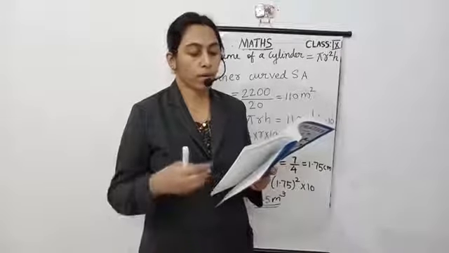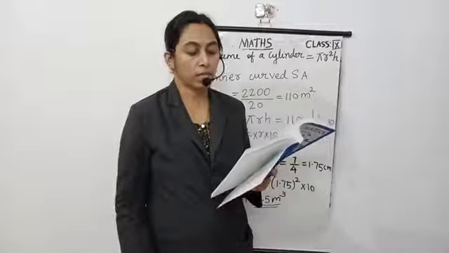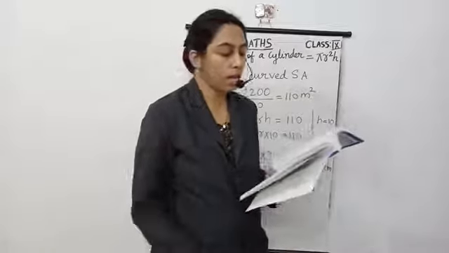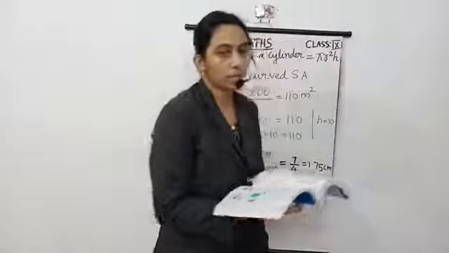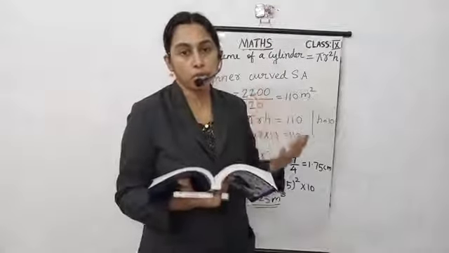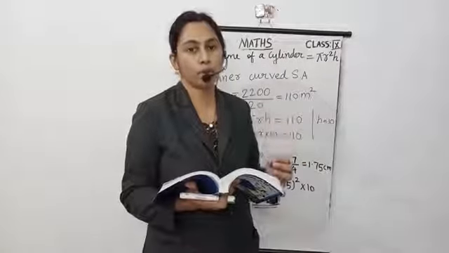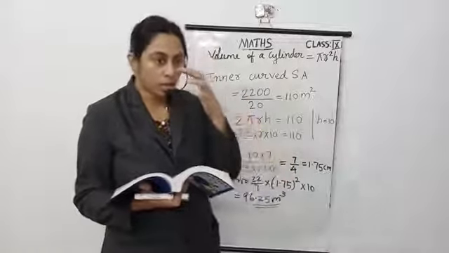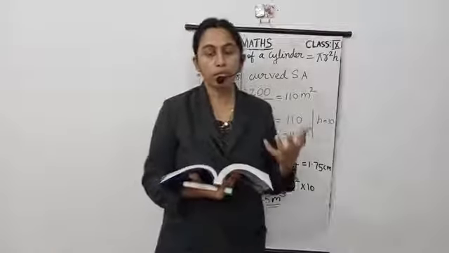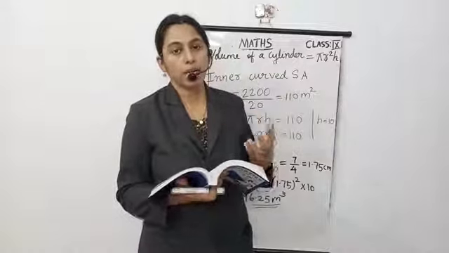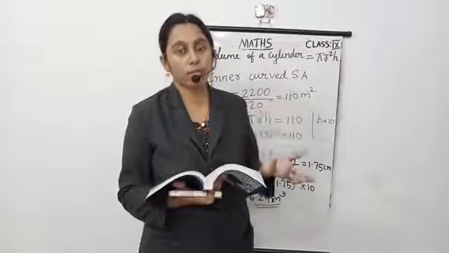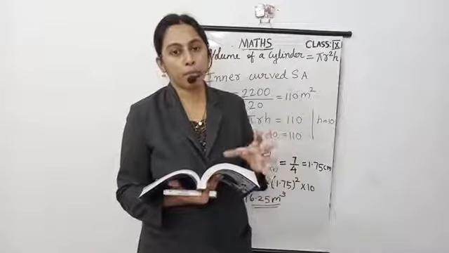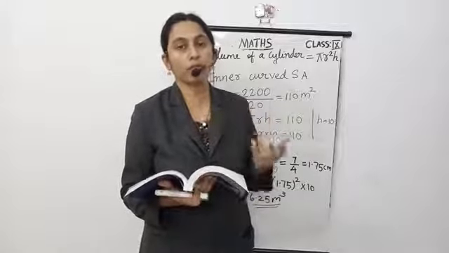So from here we can find the inner curved surface area of the vessel. Inner curved surface area into 20 gives the total cost. We have already done this type of question, find the total cost. We first find the surface area, then multiply with the rupees, and we get the total cost.